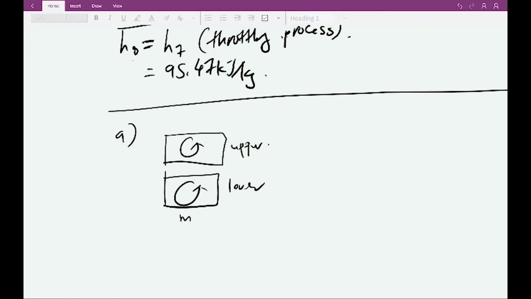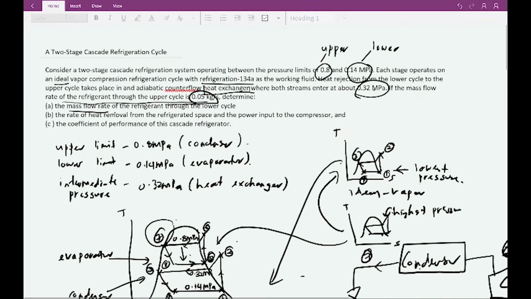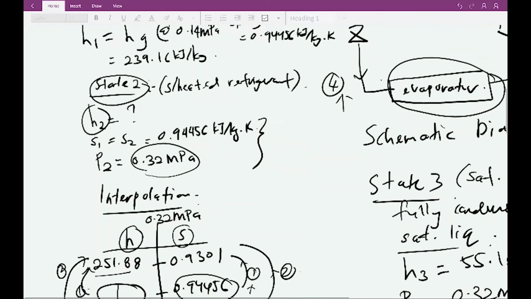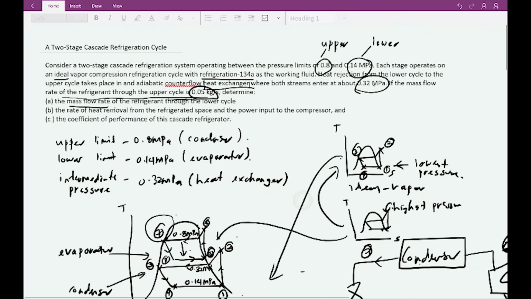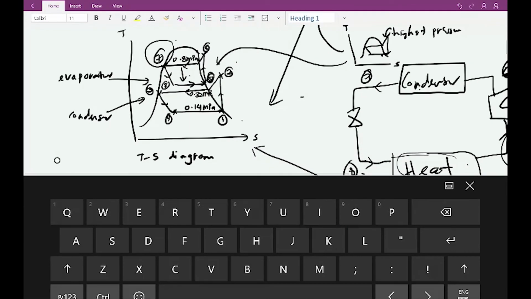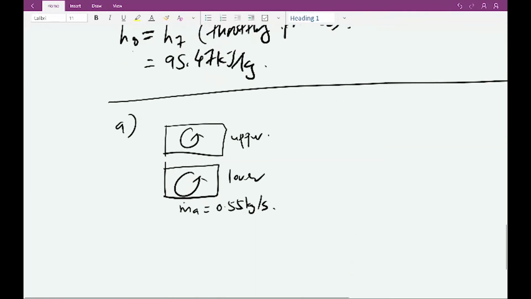I name the upper cycle ṁA equal to 0.05 kg per second.